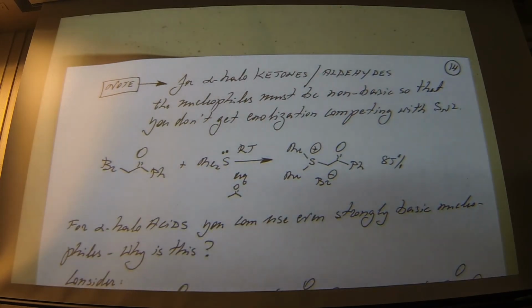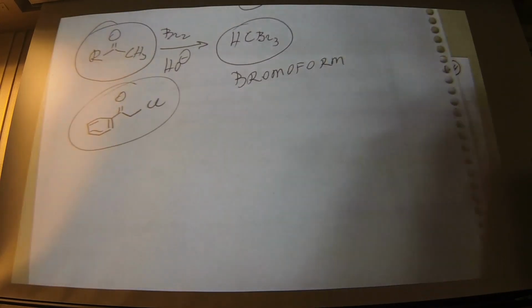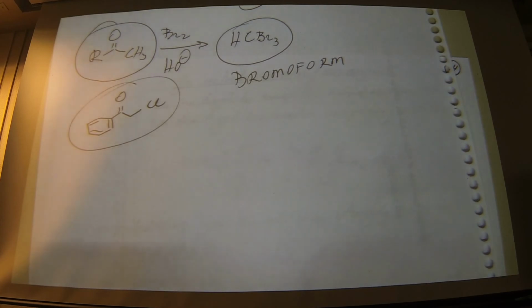Okay, so usually when we have alkyl halides, bromides, chlorides, whatever, we do SN2 chemistry, SN1 chemistry, stuff like that. You do displacement with the nucleophile. Now, with alpha bromo ketones, alpha bromoaldehydes, alpha chloroketones, alpha chloroaldehydes, yes, you can do nucleophilic displacement chemistry, but you have to be careful.